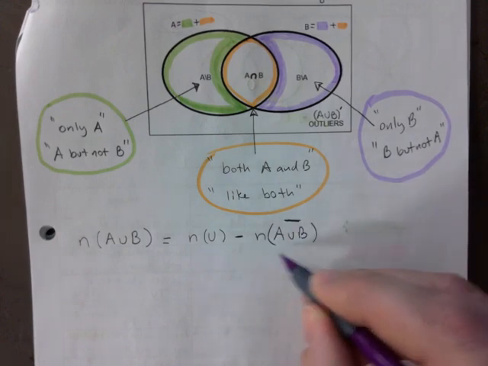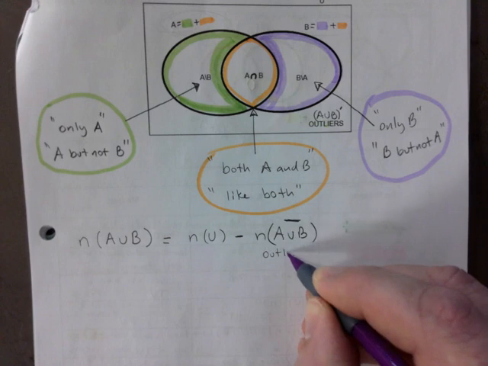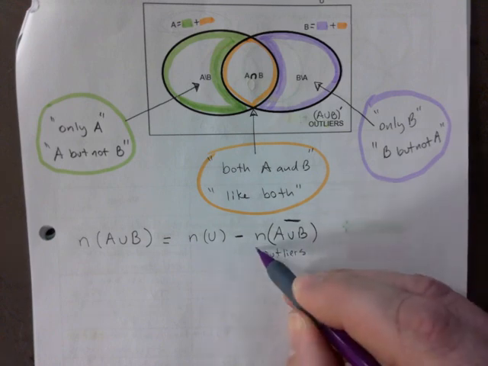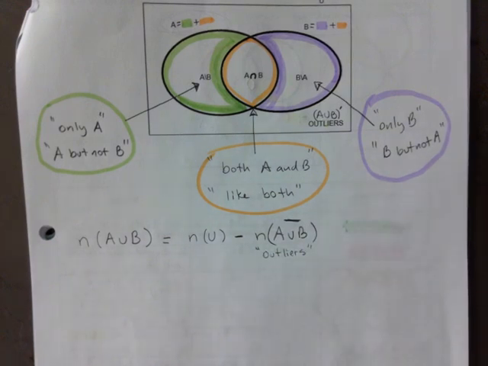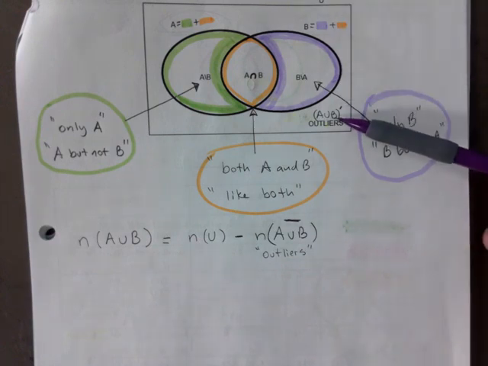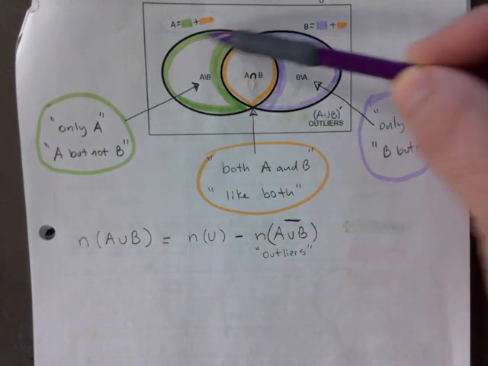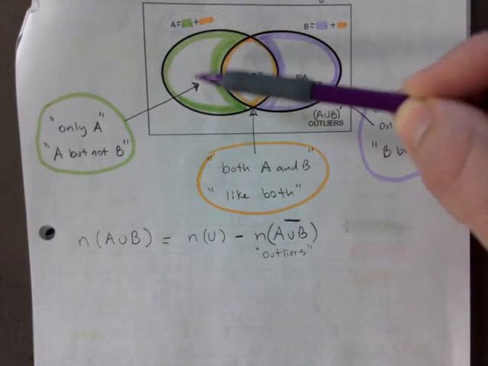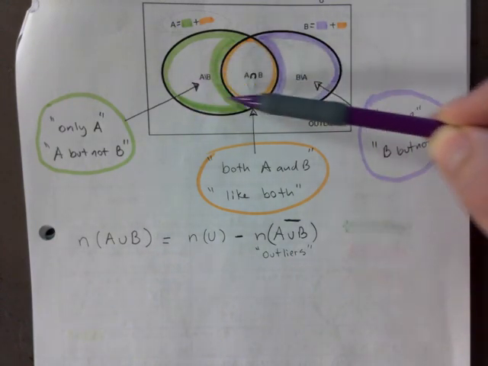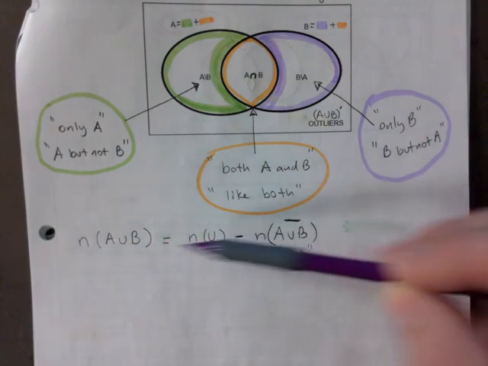These are my outliers, correct? If you take the universal and subtract the outliers, then you're left with the union. It's basically everything that's in those sets, all the elements combined. This is the quickest way of doing that.